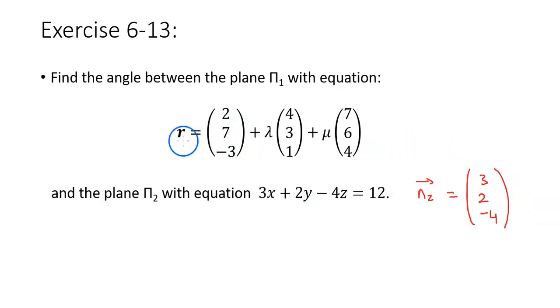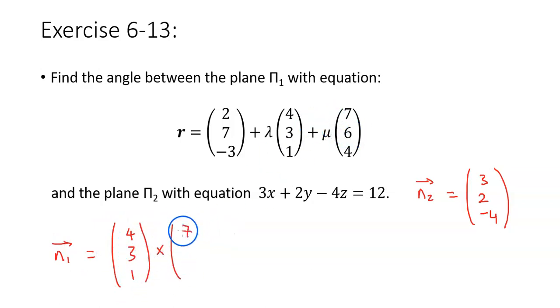Now we just need a normal vector for pi1. We can do that by taking the cross product of the two direction vectors of pi1. So n1 is equal to 4, 3, 1 crossed with 7, 6, 4.